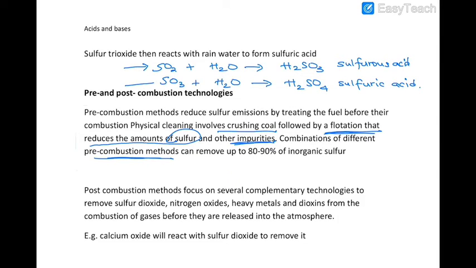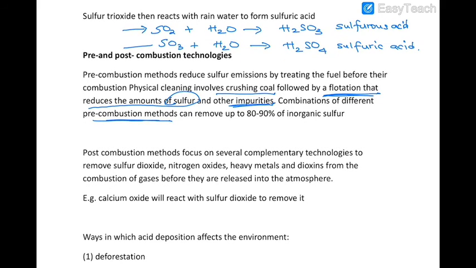The pre-combustion method is taking the fuel and oxidizing it partially to remove any sulfur or impurities that could cause acid precipitation. Now, the post-combustion method is after burning, so treatment of the gas when the burning has taken place. Whatever gas is produced after combustion, we remove sulfur dioxide, oxides of nitrogen, heavy metals and dioxins from the gases before they are released to the atmosphere.